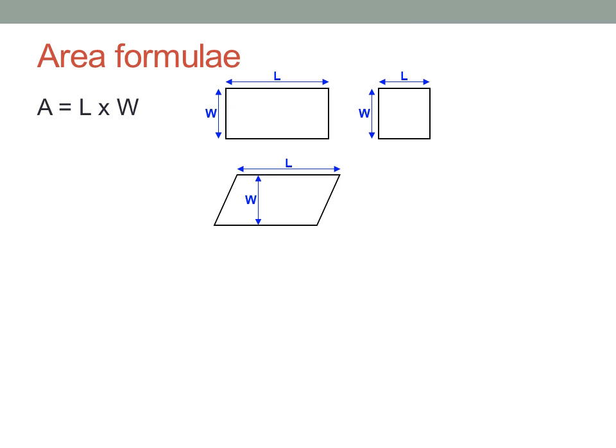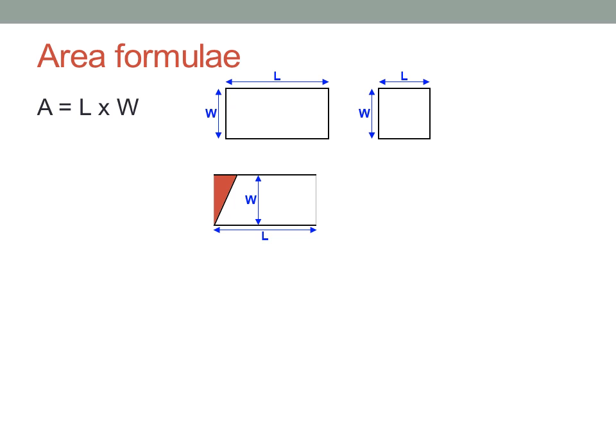Let me show you something that might help to explain this. Look at this parallelogram. If I cut this piece off here and move it over to the other side, what shape have I got now? And what was the rule for the area of a rectangle? Length times width. See?